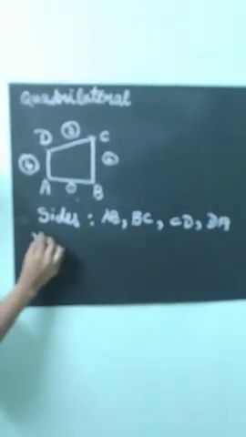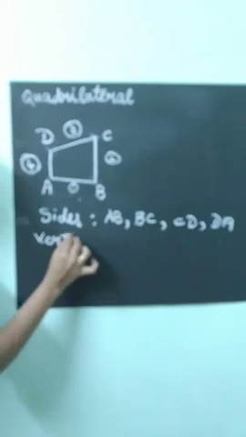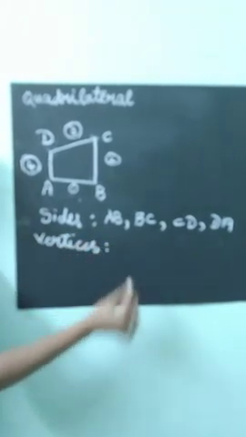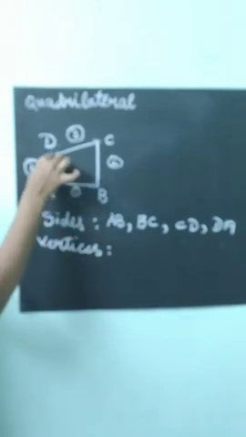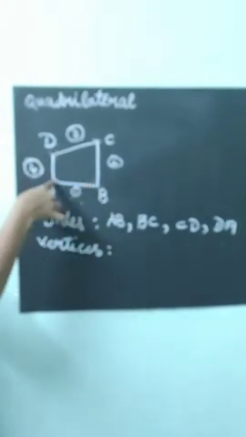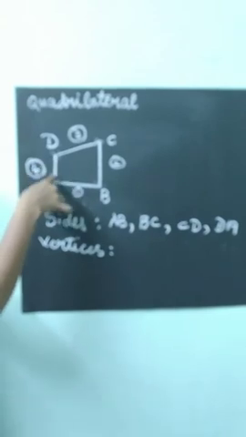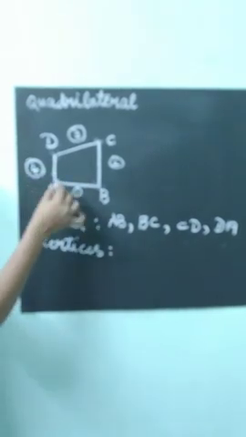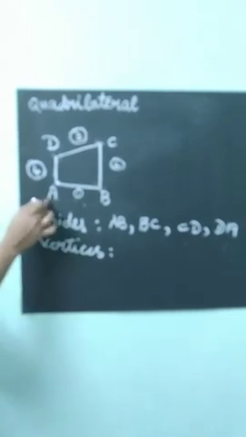Now we are going to see about the vertices. A vertex means a point which meets two sides. At this point, the two sides are meeting, so this is considered one vertex.